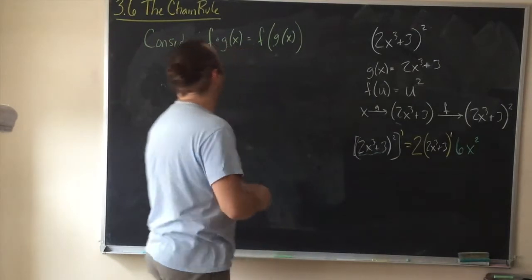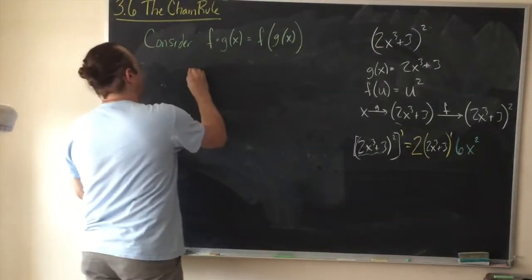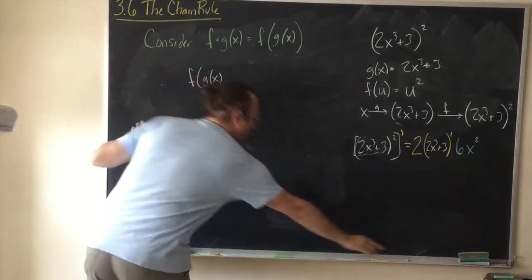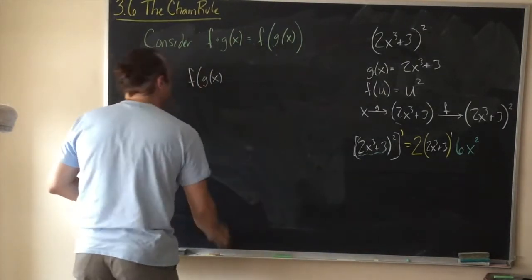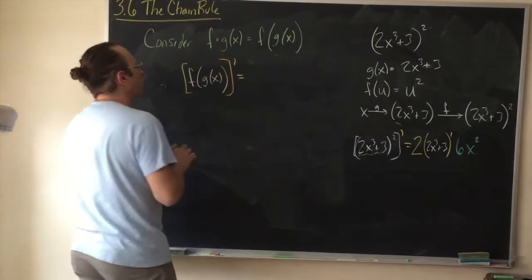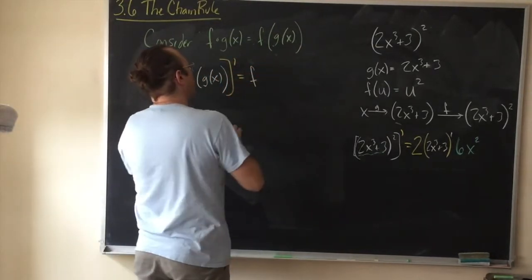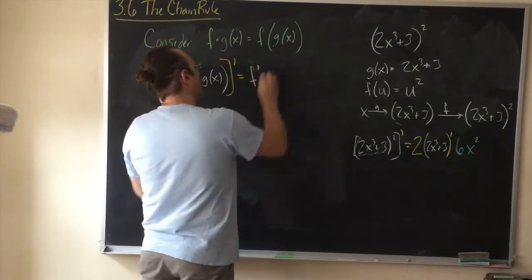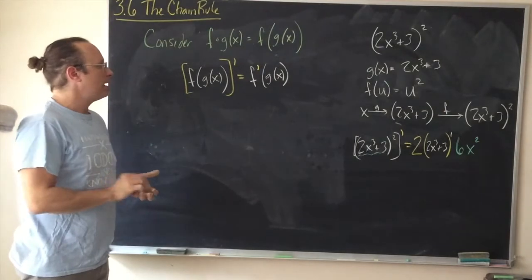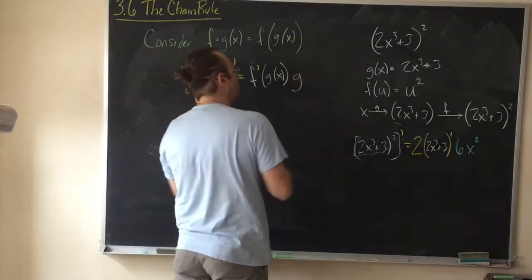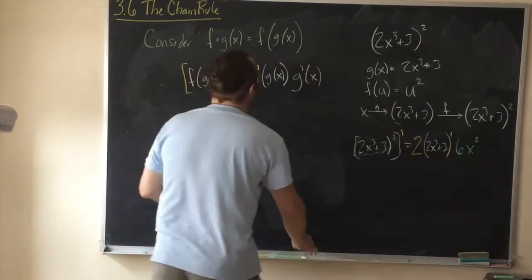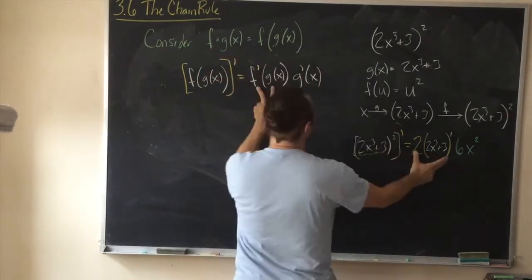So the official chain rule is if you take f of g of x and we take its derivative, you take f prime and you plug in the inside function as it is, and then you multiply that by g prime of x. So notice I took the outside function's derivative.